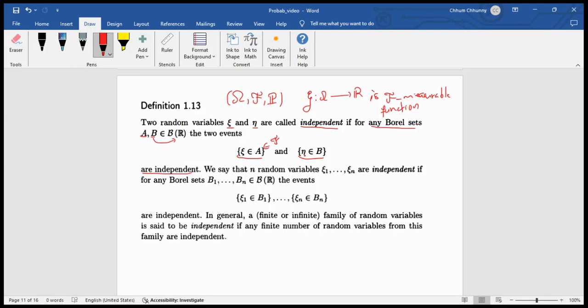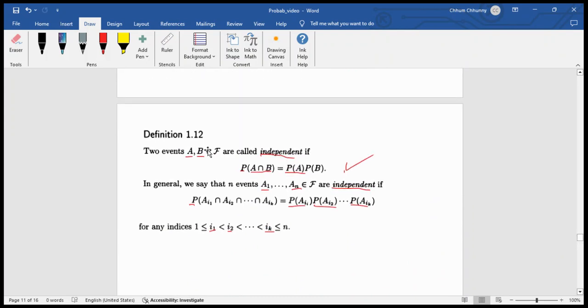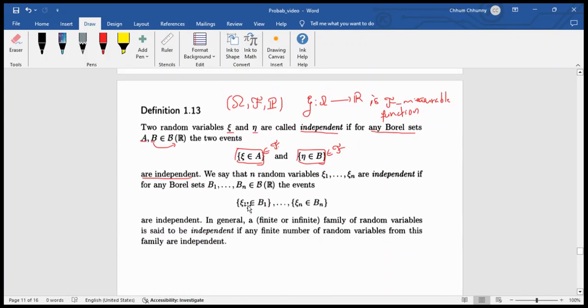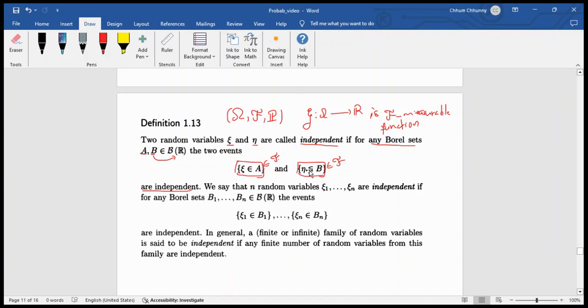And for another random variable eta, in the similar case, the set of eta belongs to B belongs to F. So it means that this one is an event in the sigma algebra F, and this one is another event of sigma algebra F. So if these two events are independent, it means that the random variables psi and eta are independent random variables, because it connects from the previous definition 1.12, that A, B are events.